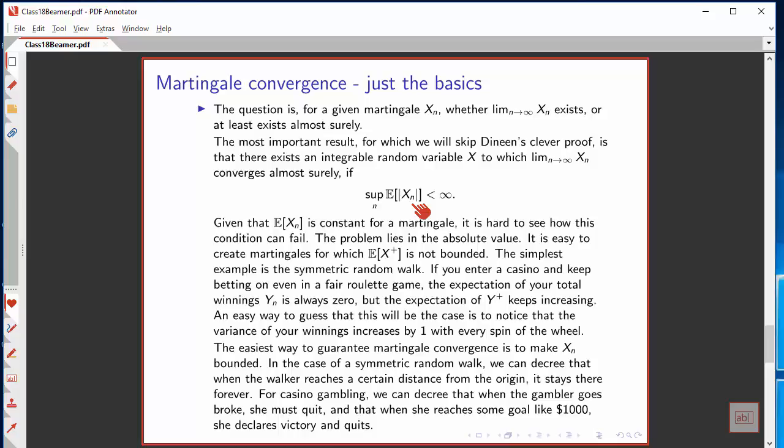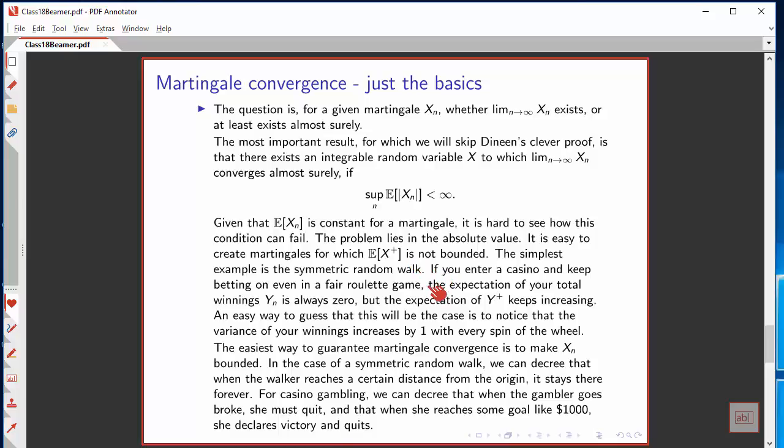You look at this first and say, of course this supremum is going to exist. This is a fair game. The expectation is always 0. But not so simple. You see, it's the absolute value of x sub n we're considering here. It's in fact very easy to create martingales with the property that the expectation, if you consider only positive values, is not bounded.